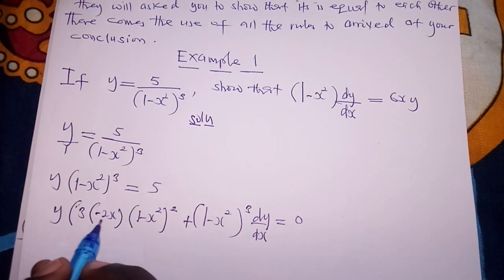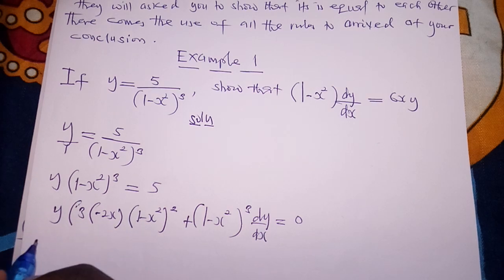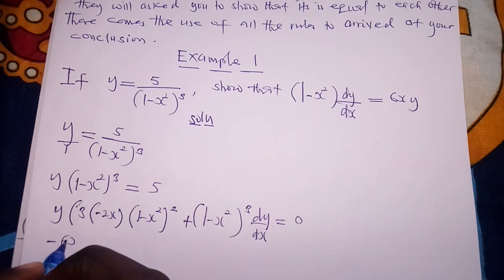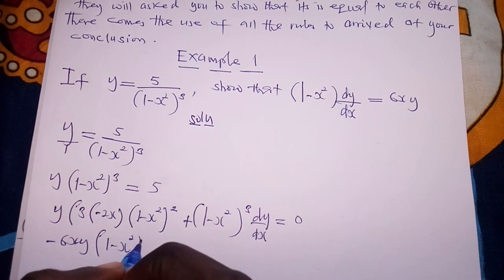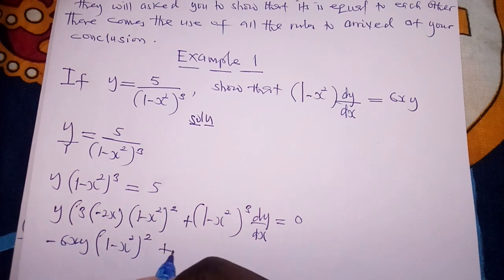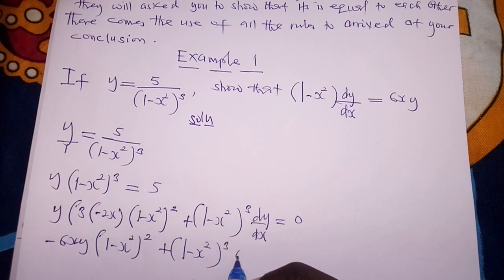Then let us multiply y times 3 multiplied by minus 2x, giving minus 6xy into (1 minus x squared) raised to the power 2. Then we have plus (1 minus x squared) raised to the power 3 dy/dx, which equals 0.